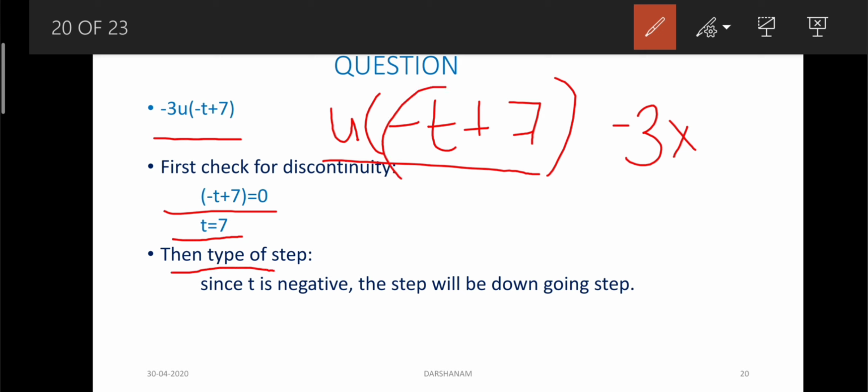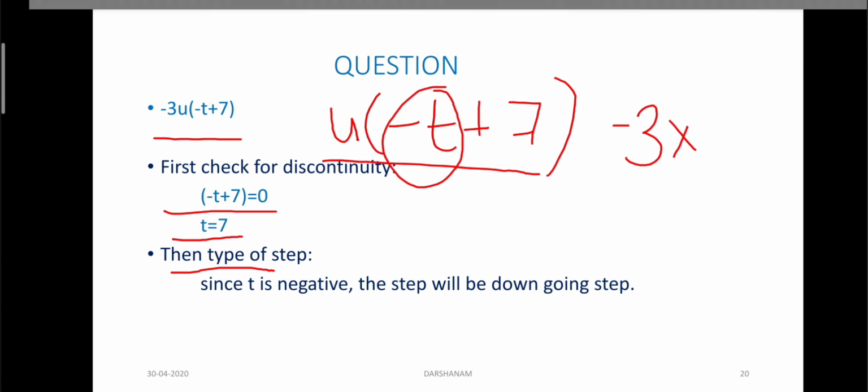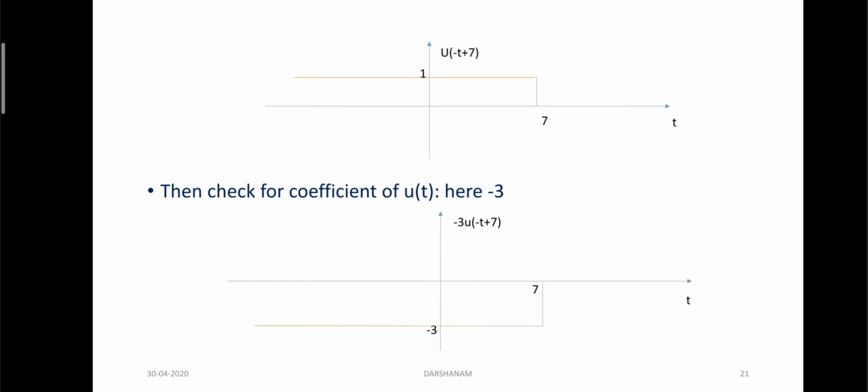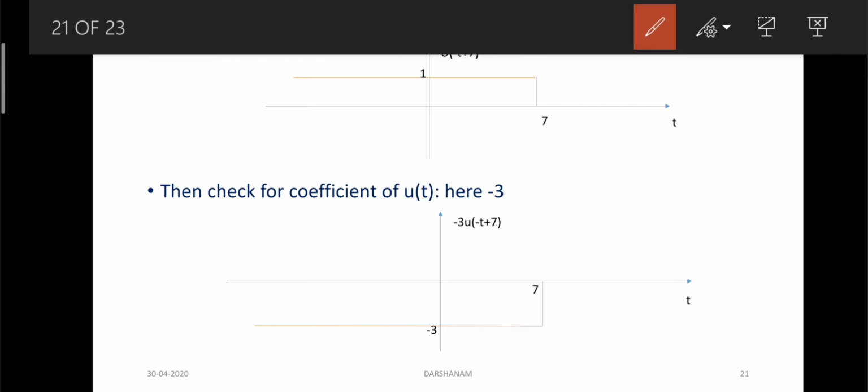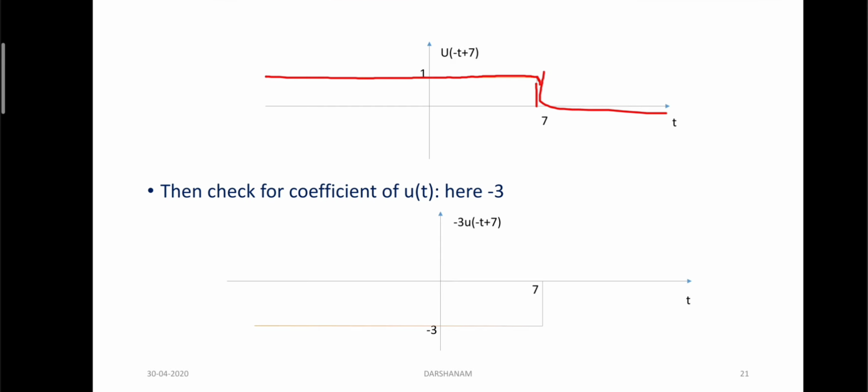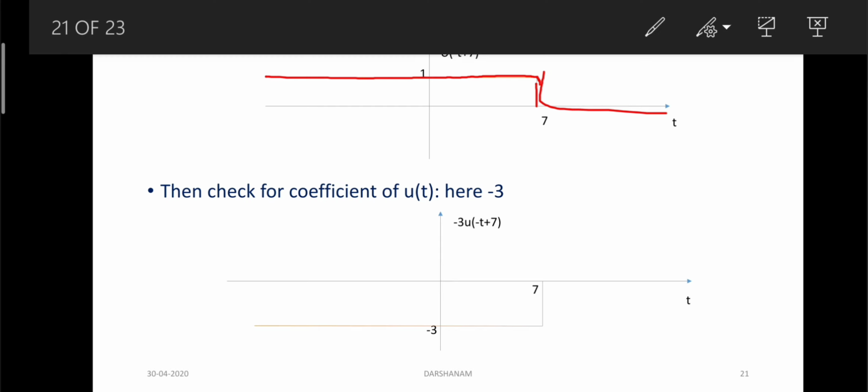Here the coefficient of t is negative, so it will be a downward moving step. So we can draw the figure like this. The discontinuity is at 7 and it will be a downward moving step. U of minus t plus 7 will be like this.